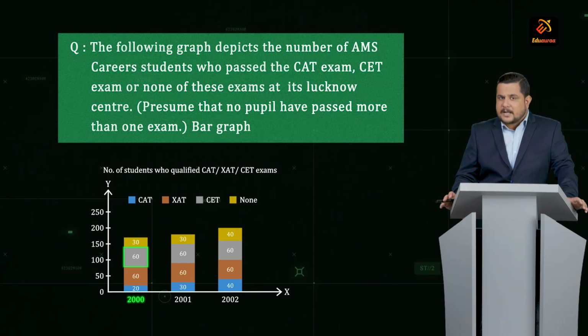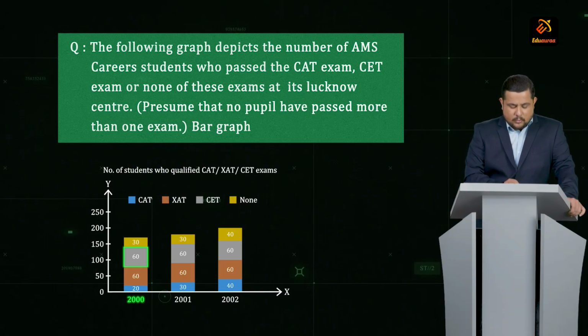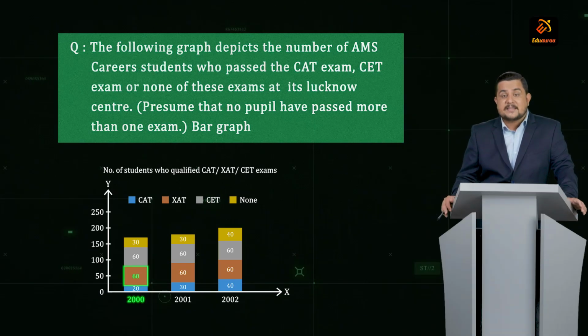How many passed the CET exam in the year 2000? 60 students. Similarly, how many passed the SET exam? That exam was passed by 60 students. 20 students passed the CAT exam in 2000.